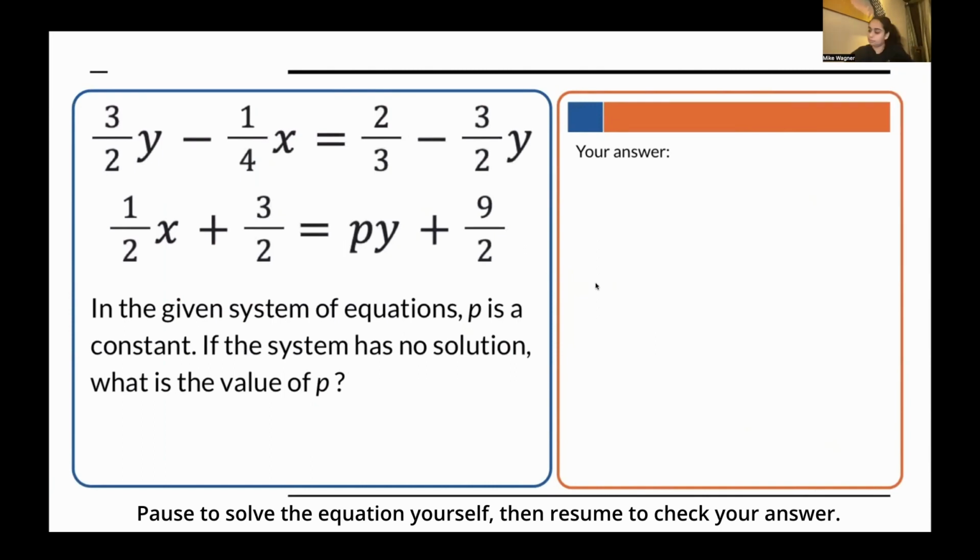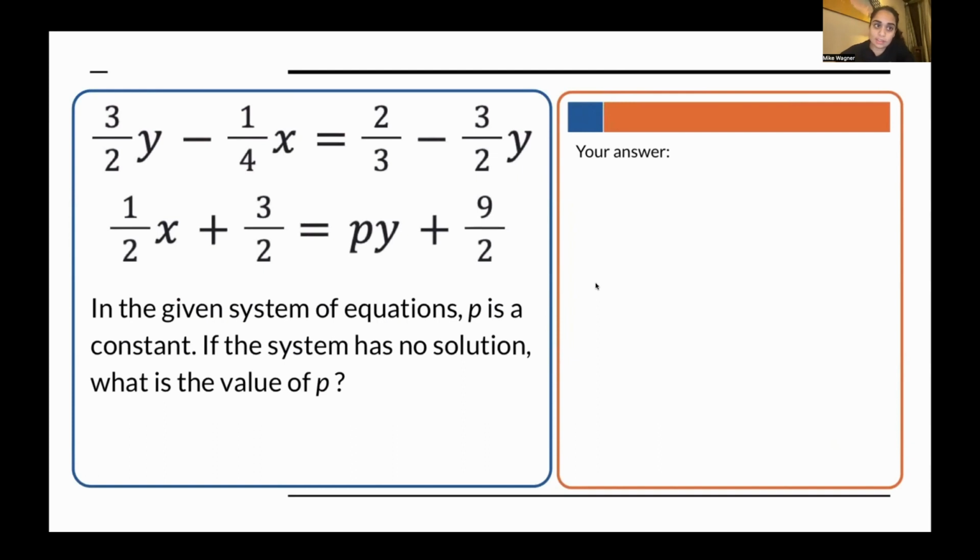All right. I'm gonna go ahead and solve it. So we have 3 over 2y. I'm just going to rearrange. Okay, let's just do minus 1 over 4x equals 2 over 3 minus 3 over 2y.